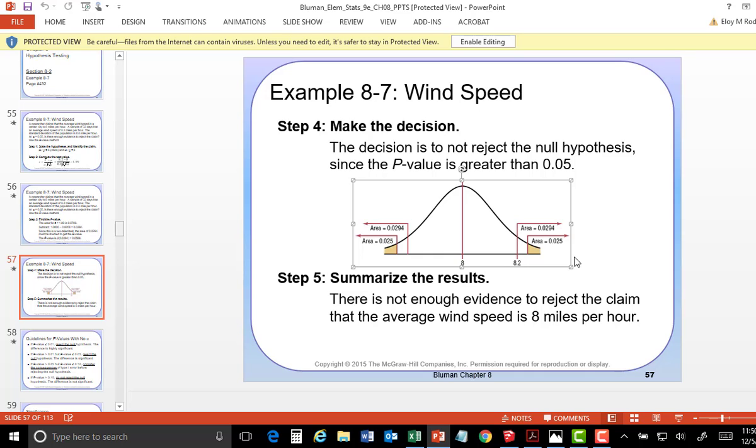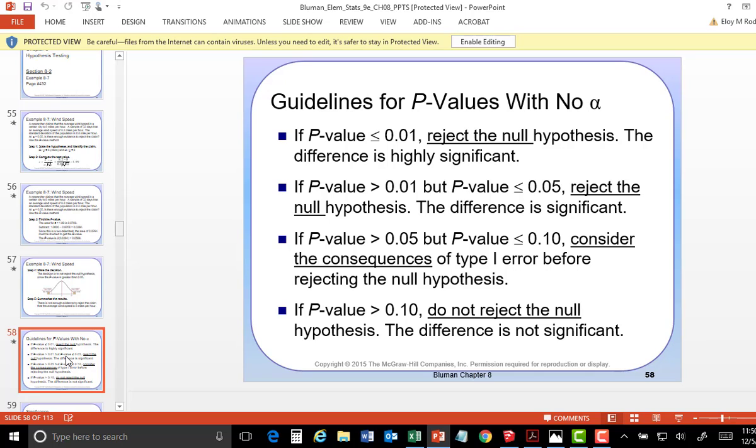Okay, let's try it in action. Here's a general rule. If the p-value is less than 0.01, because we haven't been using any significance below that, you could, but we don't, then reject the null. If the p-value is less than 0.01, that means less area on the tail than this value.